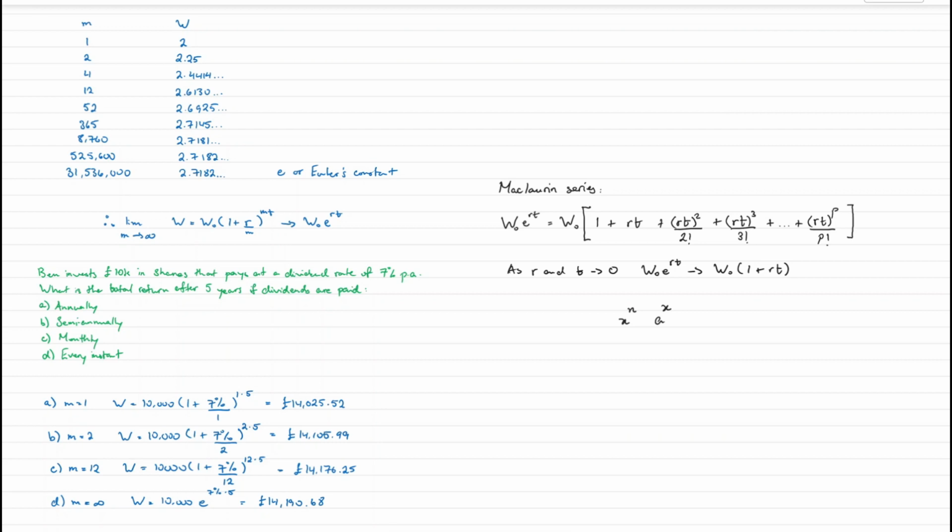And of course, the exponential function, which is when the base is equal to Euler's constant, e, and obviously, again, the index is x, and that's the variable part. So this is essentially how you can derive simple interest, which is when the interest rate and time are very, very small.